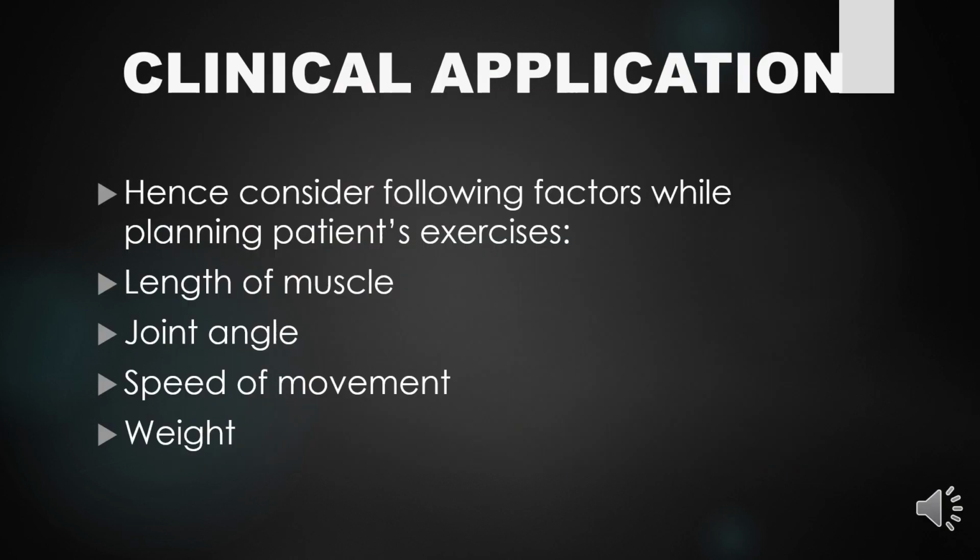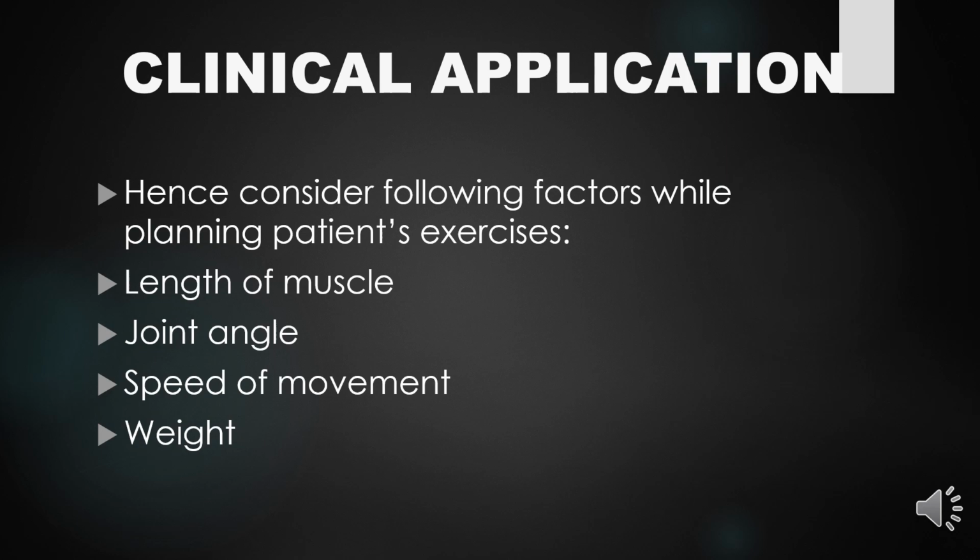So you have seen how force and velocity are different in eccentric and concentric contraction. So this becomes a very important component in our clinical practice and in the planning of our exercises. Whenever we are training the patient, it is very important to plan the speed of movement, to plan the weight with which you are going to train the patient, to plan the range at which you are going to train the patient.